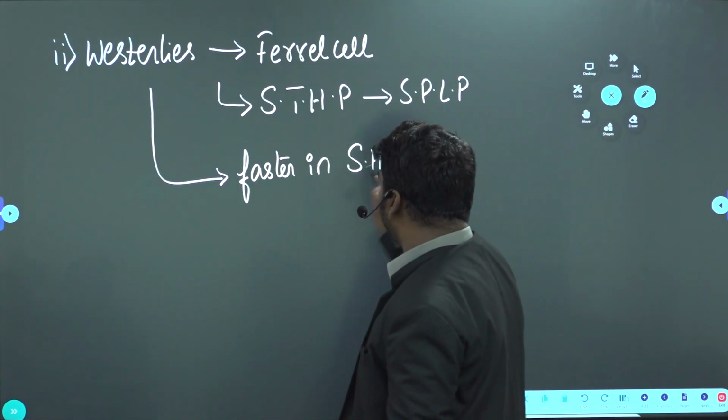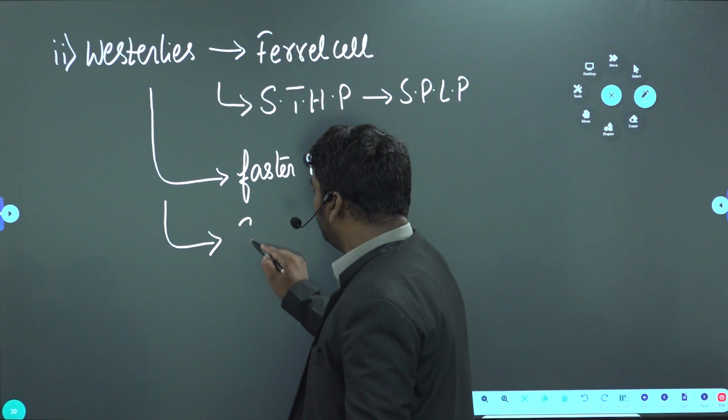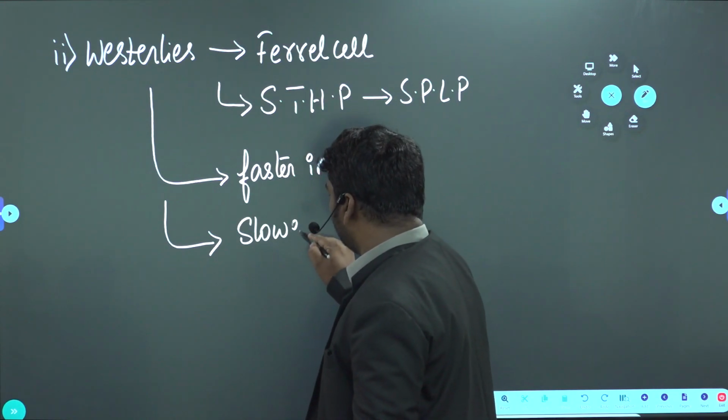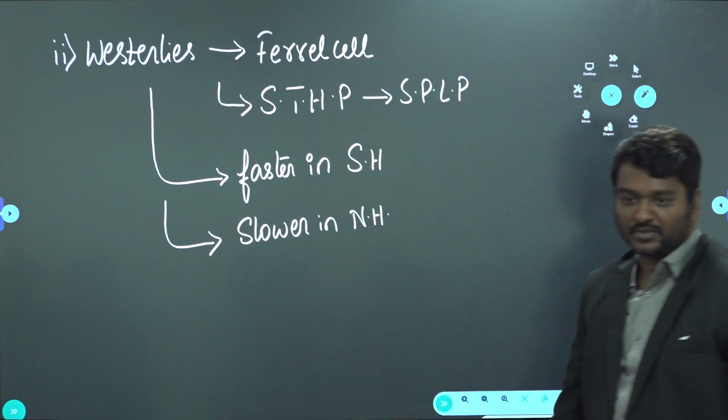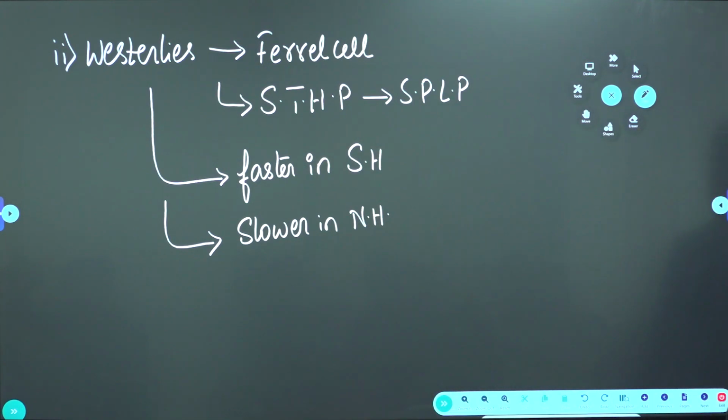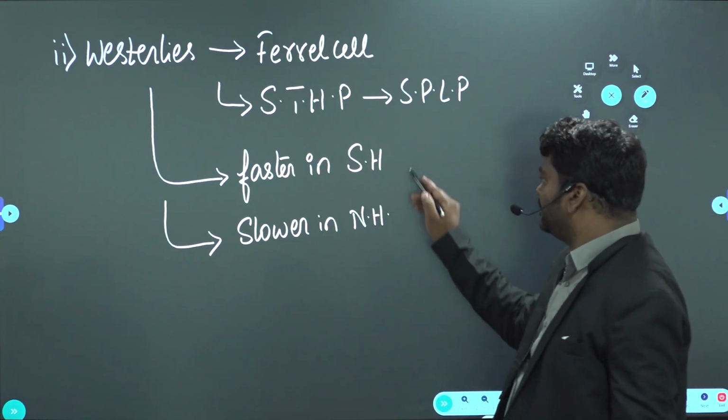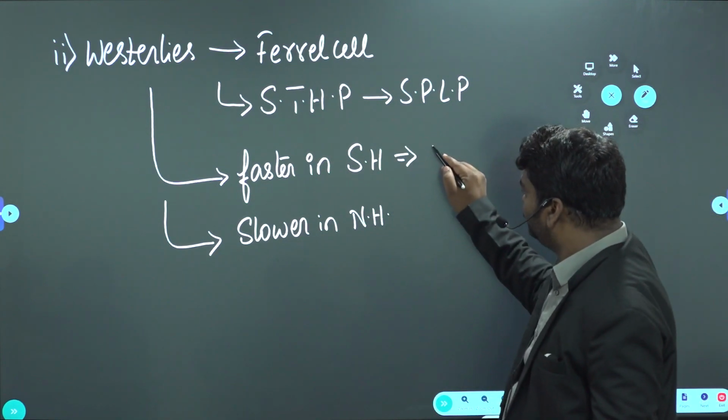Faster in southern hemisphere, slower in northern hemisphere. Why? Land and water.